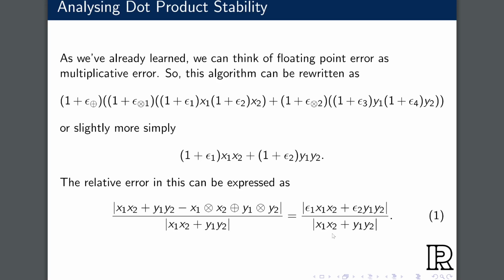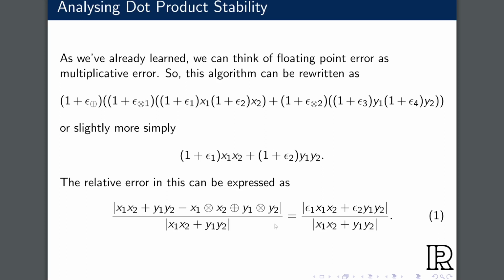And it turns out that would be all fine if these two relative errors on top were exactly the same. Because if these two errors were exactly the same, we could factor them out, and then the top and bottom would cancel, and we would just be left with some error. And that actually would show us that the relative error was small, and that would be good.